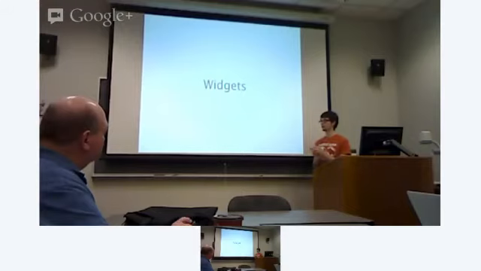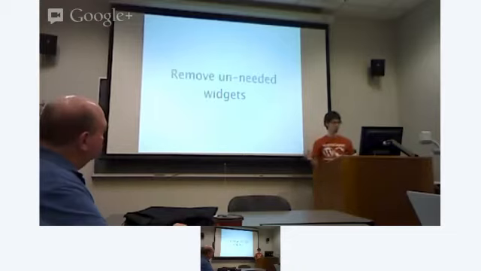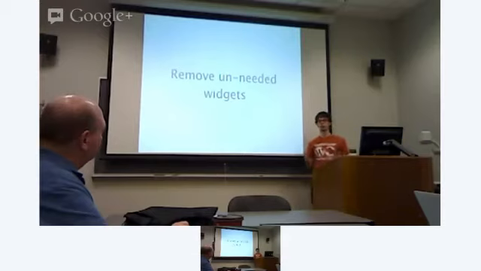I don't know about you guys, but for me, the widgets interface is a little frustrating because you have to scroll around, and if you have a lot of sidebars, it's tedious to move back and forth and find exactly the widget you're looking for in a sea of buttons that all look the same. So you can remove unneeded widgets. This is great, especially if you only have a certain number of widgets that you want accessible, or in a case where you're replacing a WordPress widget.